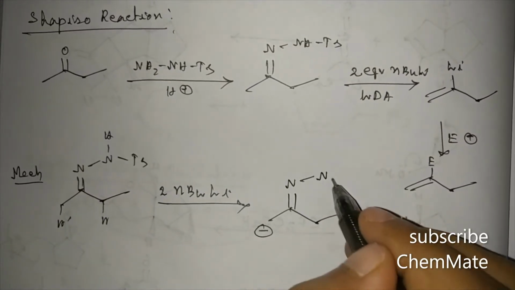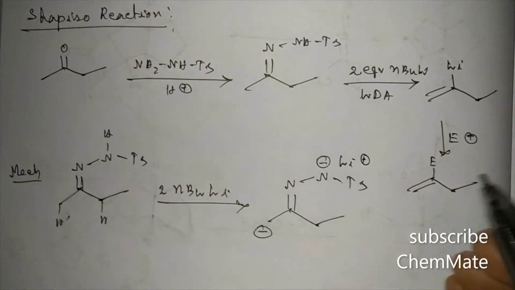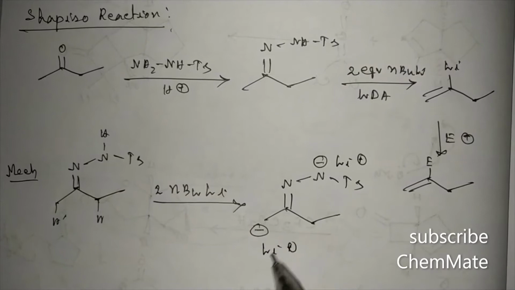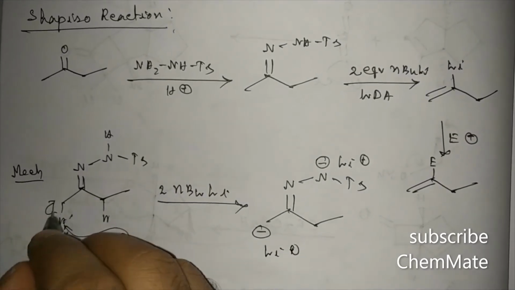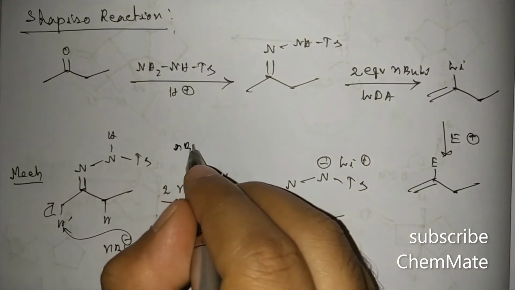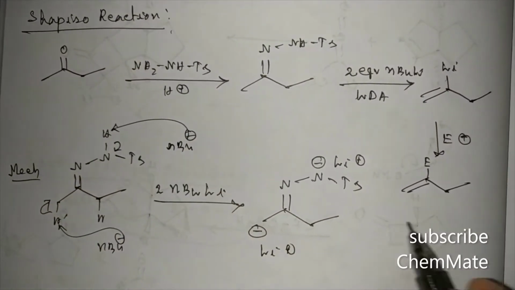So this dianion will be formed. This butyl lithium will abstract this proton, as well as one more butyl lithium will abstract another proton.